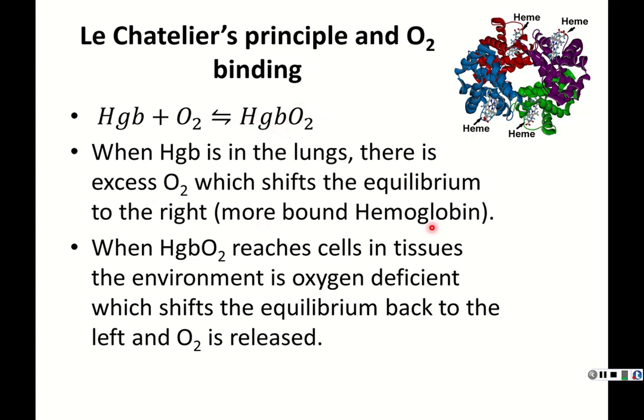So you get more bound hemoglobin. When that hemoglobin with bound oxygen reaches cells and tissues, the environment's different. It's going to have much less oxygen in it. So that shifts the equilibrium. Instead of having an excess of this, you've pulled all of that away, and now that shifts the equilibrium backwards, and O2 is then released where it is needed.